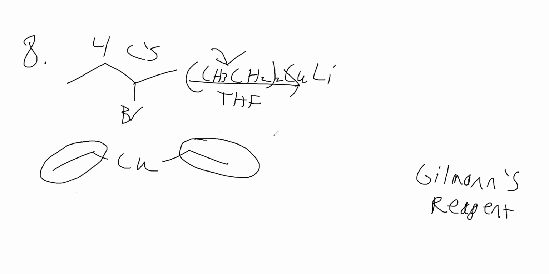Okay, so it's only going to add one. Even though there are two ethyl groups here, it's only going to add one ethyl group. So we're just going to add 2 carbons, and they're going to take the place of that alkyl halide. The bromine goes away, and a new carbon-carbon bond forms where that bromine is.